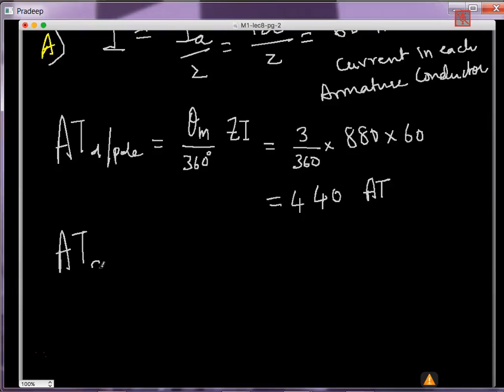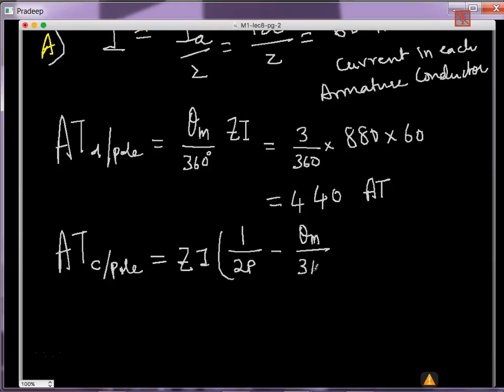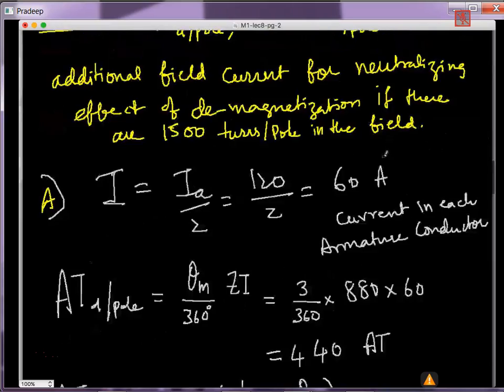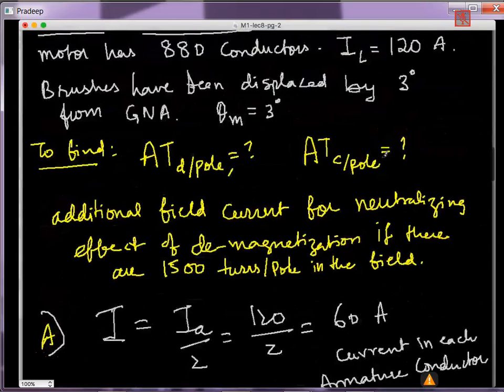Ampere turns causing cross magnetization per pole. I have the ready-made formula just derived above: Zi into 1 by 2p minus theta m by 360. The number of poles is 4.